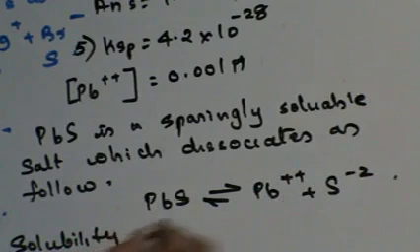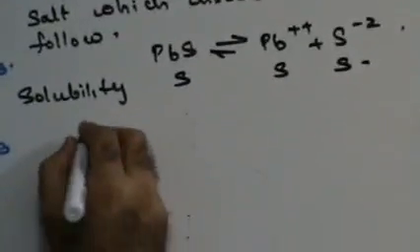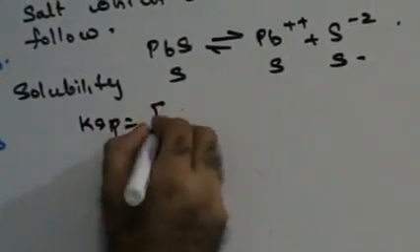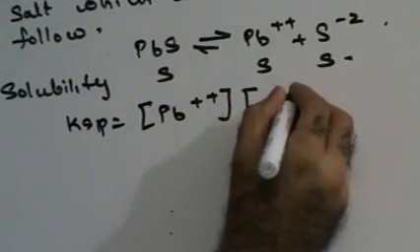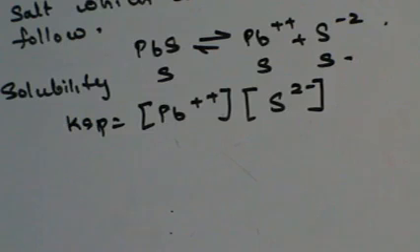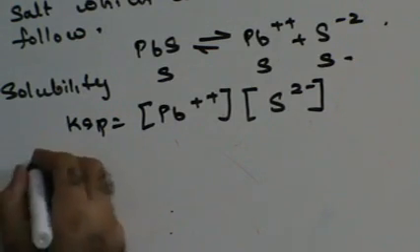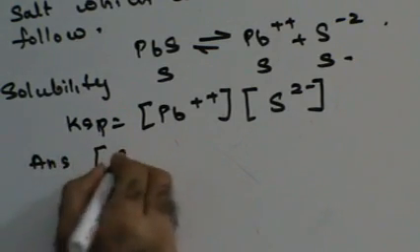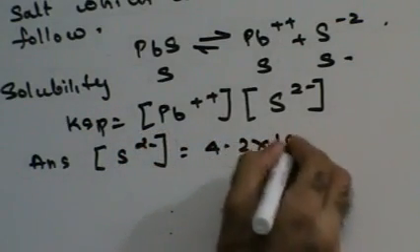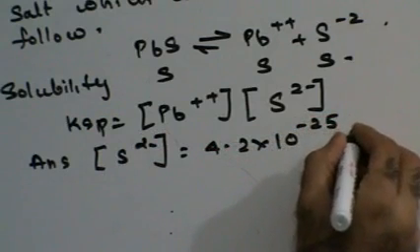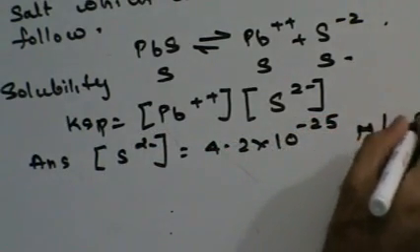Solubility is S, so this will be S and this will also be S. So I can therefore say that solubility product KSP will be Pb++ into S2 minus, right? You know the solubility product, you know the active mass of lead, so you should get the active mass of sulfide ions. The answer for this sum should be active mass of sulfide ions equal to 4.2 into 10 raised to minus 25 moles per decimeter cube.